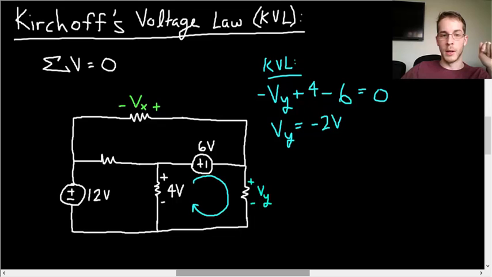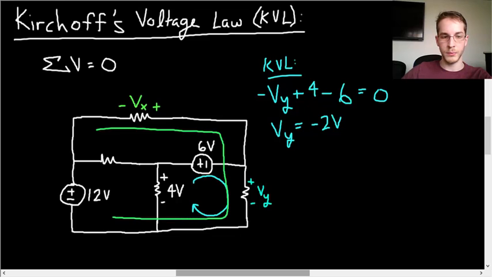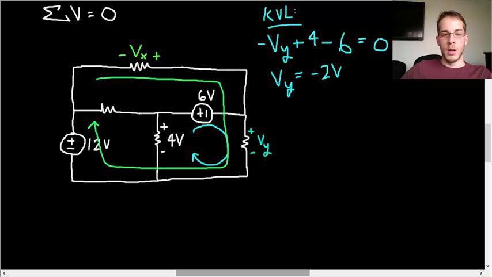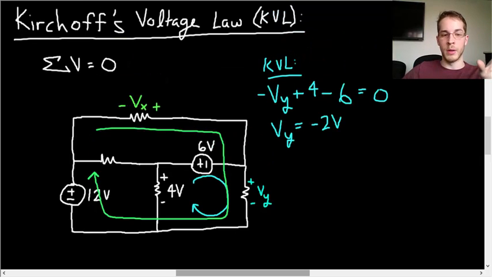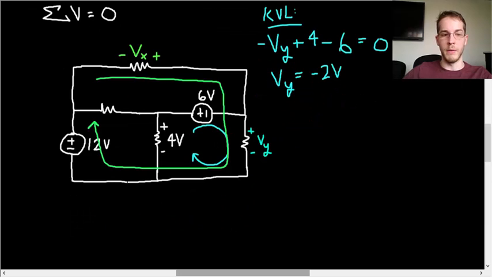Okay, so for Vx, we'll do a KVL path around the perimeter. So basically, we're skipping over the voltages of this unknown voltage across this resistor, this 4 volts, and the 6 volts right here. So KVL.